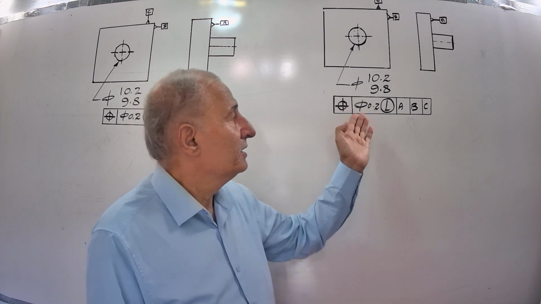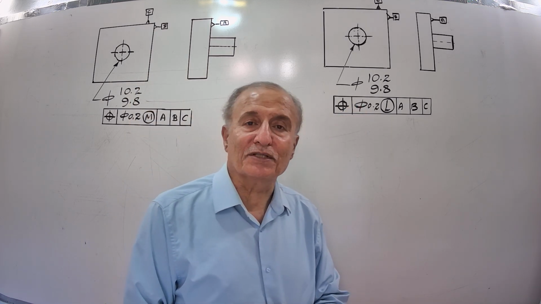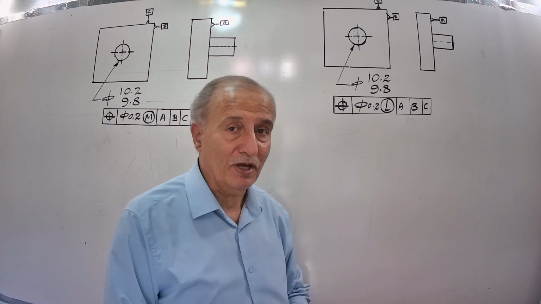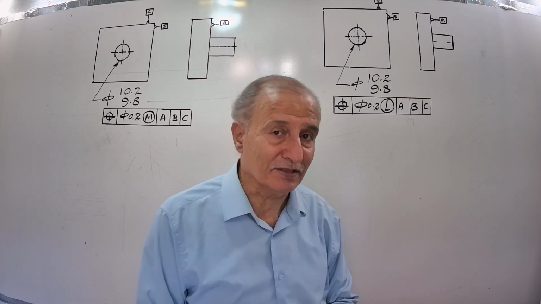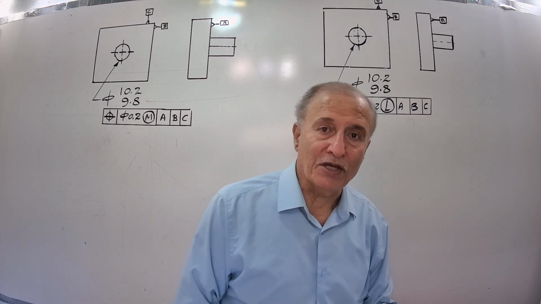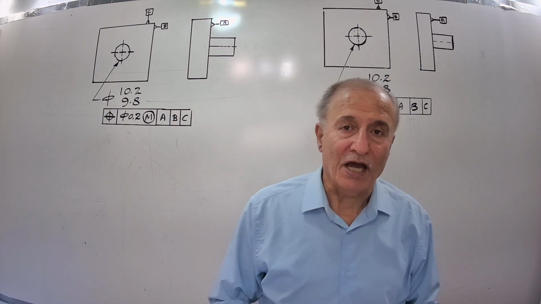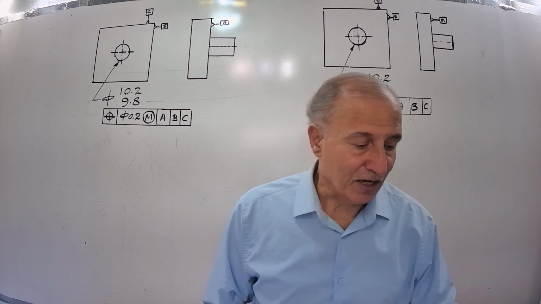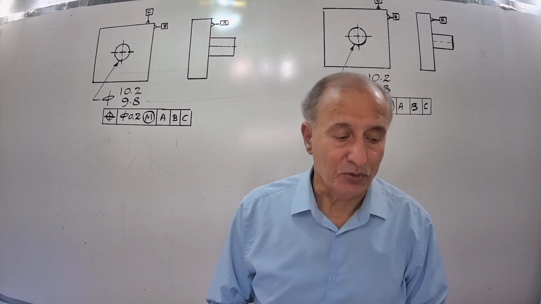Here the same position tolerance is applied at L modifier, 0.2 at L modifier with respect to datum A and B and C again. By constructing a table, I explain the difference between these two modifiers and how it acts on the material.